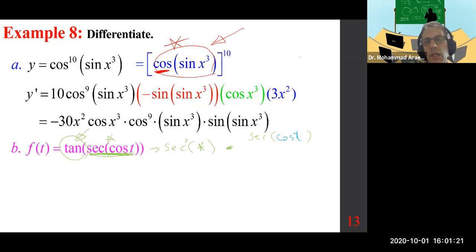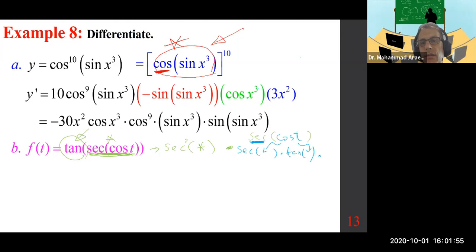So what do you read now? Secant and no more. So what is the derivative of secant? Secant tan. The derivative of secant is secant tan. Secant of what? The same argument, cosine t. Tan of what? Tan of cosine t.